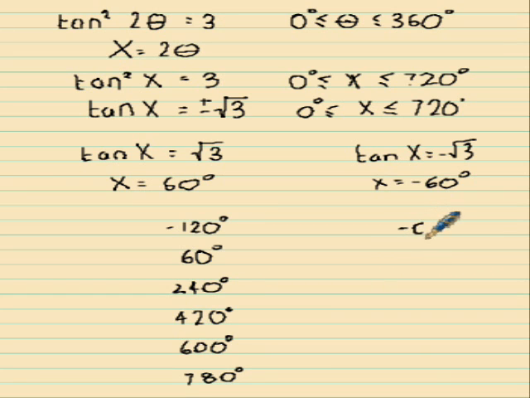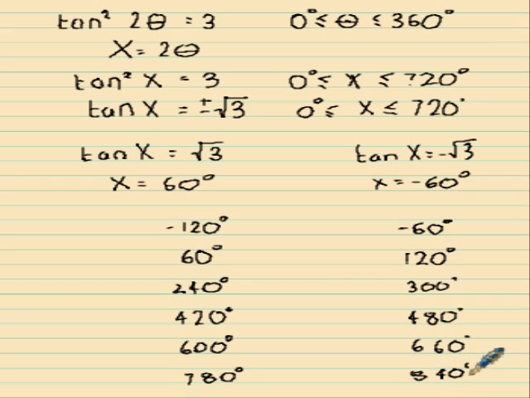Now the minus 60 is already out of range in terms of it being less than 0, so I don't need to go back, but I will add multiples of 180 to it. And again at this point I can stop because I've fallen out of the range.